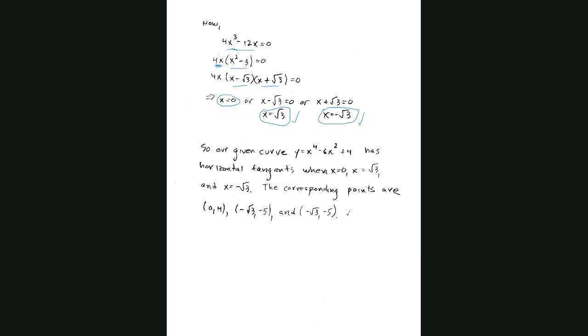And therefore, our given curve has horizontal tangents when x equals 0, x equals root 3, and x equals negative root 3. And then these are your corresponding points: 0, 4, root 3, negative 5, and negative root 3, negative 5.